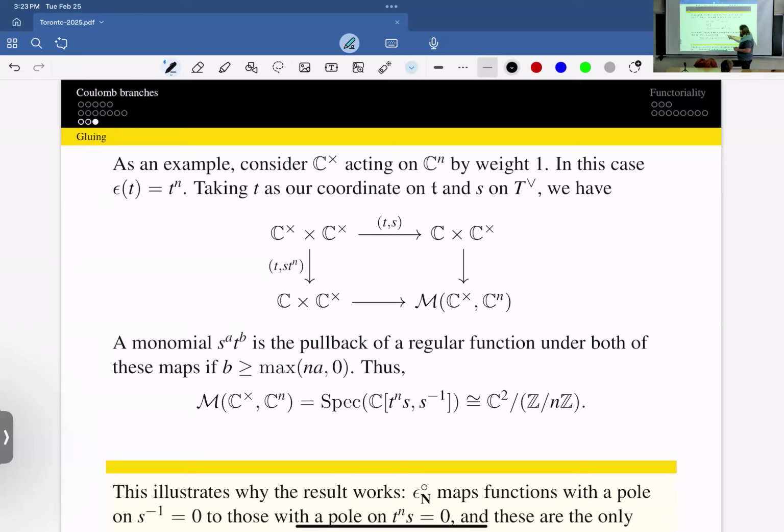And I want the pullback to be regular both when I pull it back by the obvious inclusion, which is just sending t and s to t and s, but also when I pull it back by this twisted inclusion, which is sending t and s to t and s t to the n. So when I sort of follow this through, I found that the subring I get is generated by t to the n times s and s inverse. And again, this is C2 mod C mod NC.